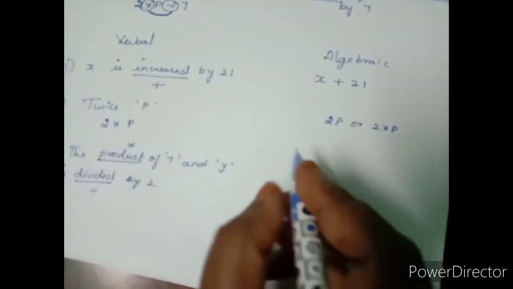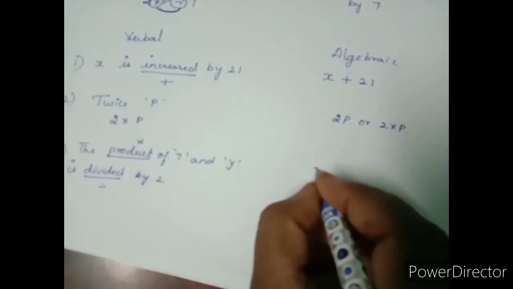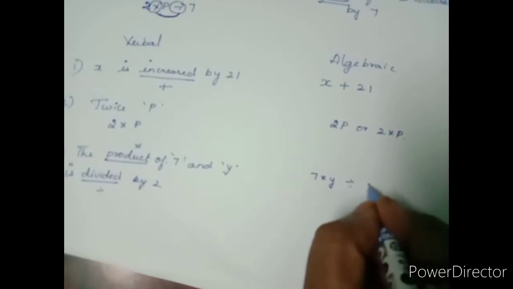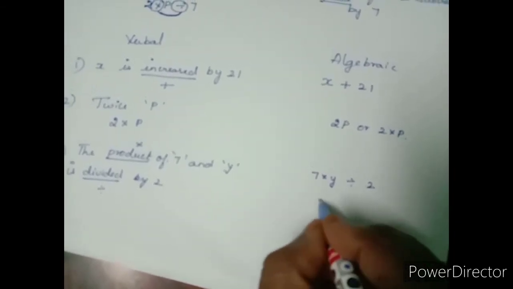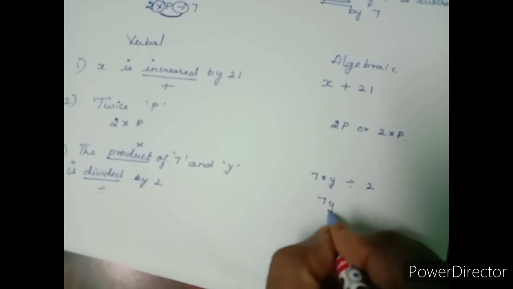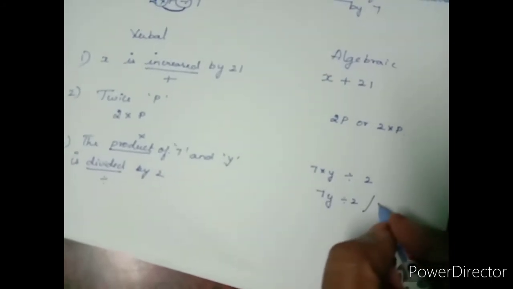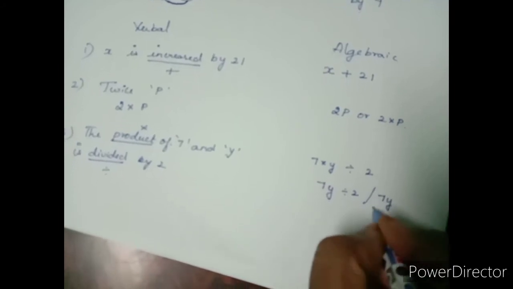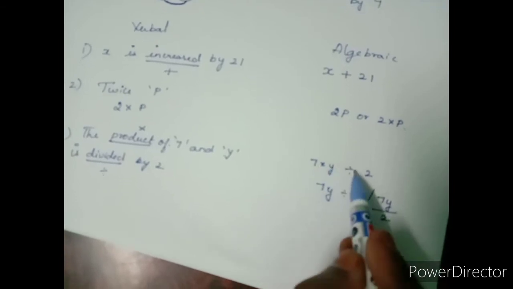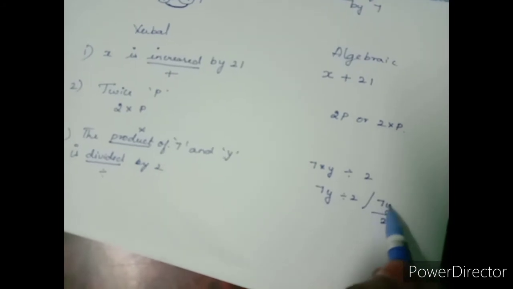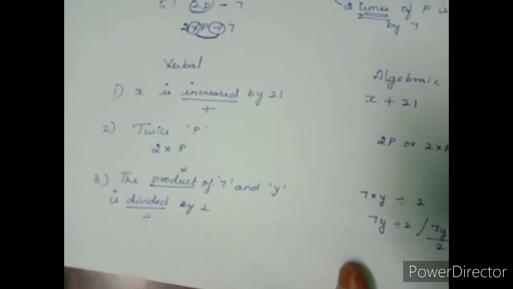So the product of 7 and y is 7 into y divided by 2. Either you can write it like this or 7y divided by 2. Then the same way we can write it like this, 7y by 2. So we can write it in 3 forms: 7 into y divided by 2, 7y divided by 2 or 7y by 2.